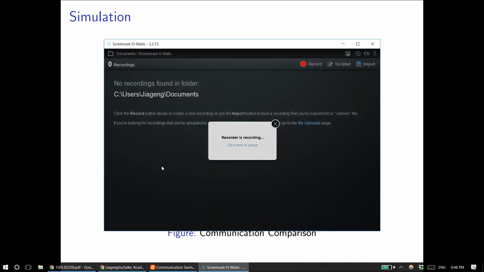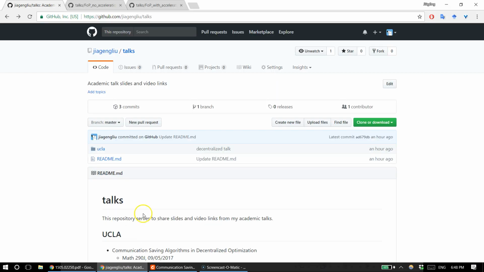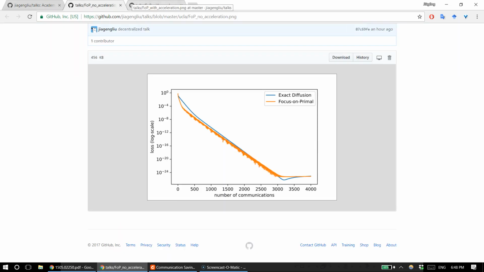There's also something else I want to share. This one is the regular focus on primal algorithm with acceleration, and it's pretty much the same thing as we saw before. However, if you remove the acceleration, in this case I set alpha, the acceleration parameter, to be 0, then you observe something like this.